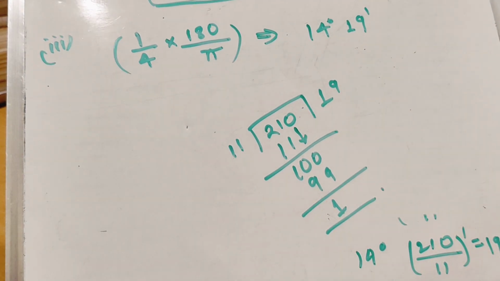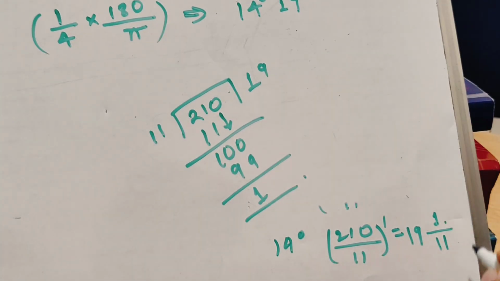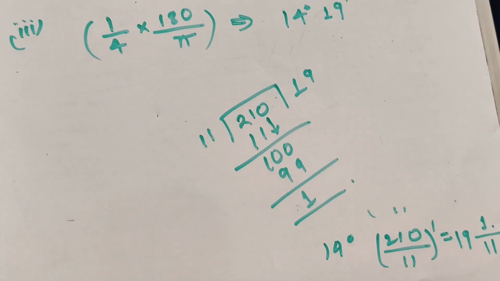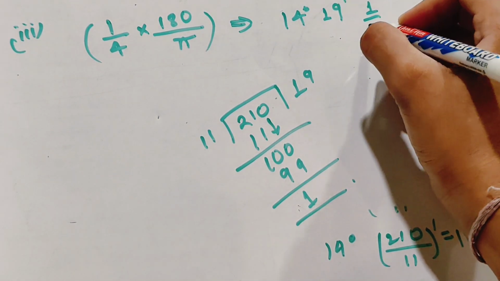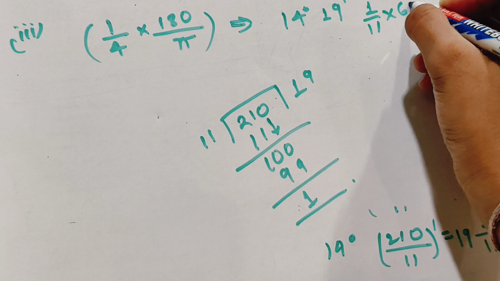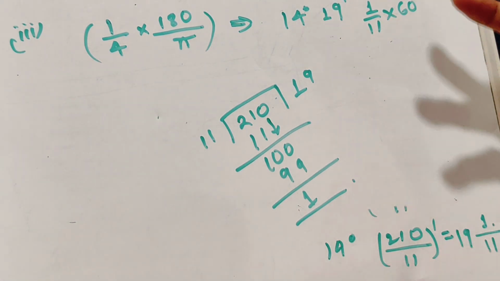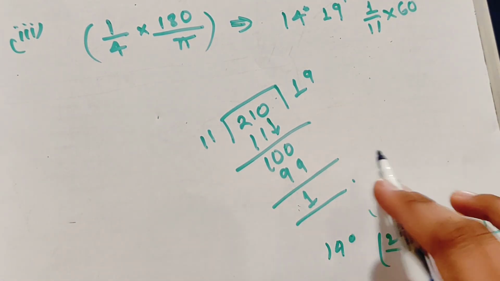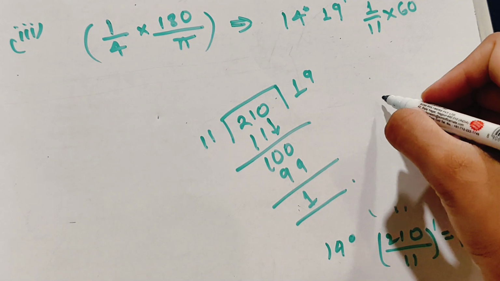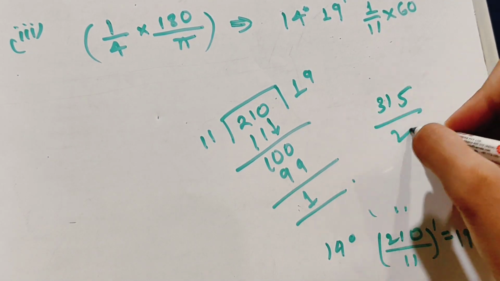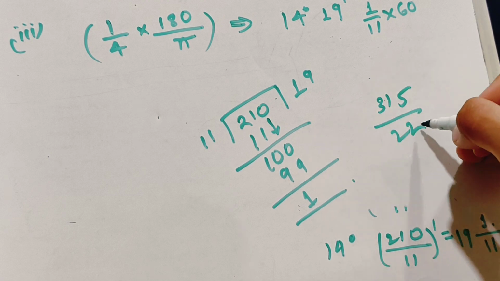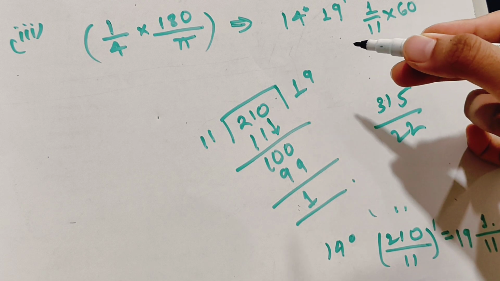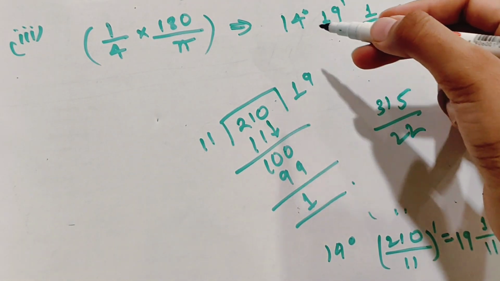Now we are left with this portion, and now I will write it over here and again multiply it with 60, because look, we had a mixed fraction. I think it was something like this, right? This was the value of the degree. We simplified this to get the degree.